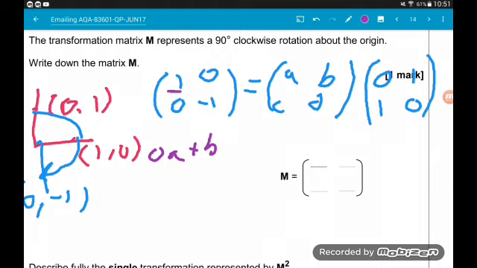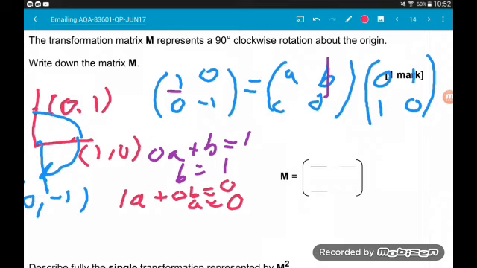So 0A plus B equals 1 tells us B is equal to 1. Next, let's change colour. We then do 1, 0 times A and B. So we're then going to get 1A add 0B equals 0. Therefore, A is 0.